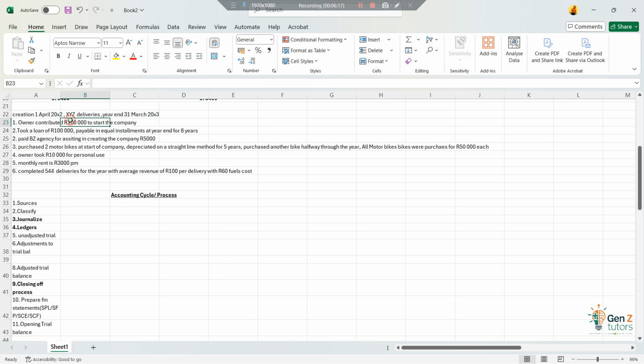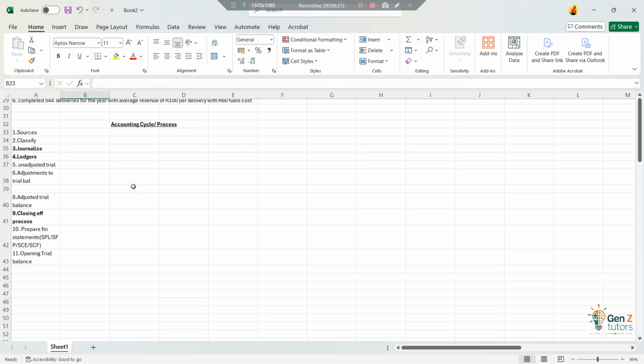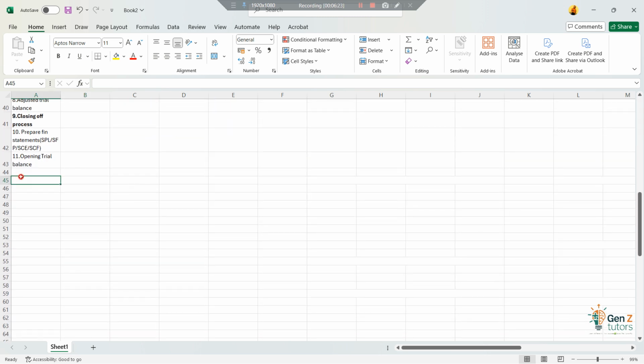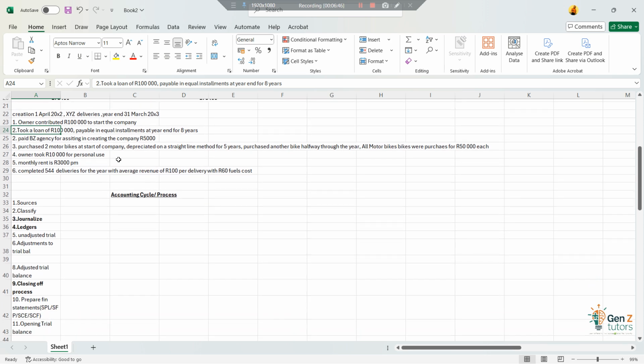Then we purchased two motorbikes at the start of the company, depreciated on a straight line method for 5 years, and we purchased another motorbike halfway through the year. All these motorbikes were purchased for 50,000. Then the owner took 10,000 for personal use, and the monthly rent is 3,000 every month.